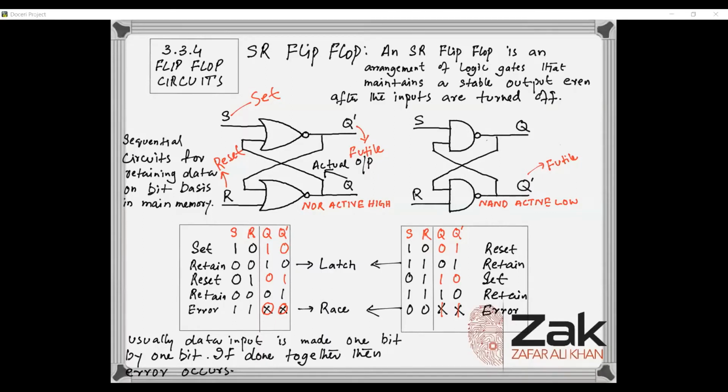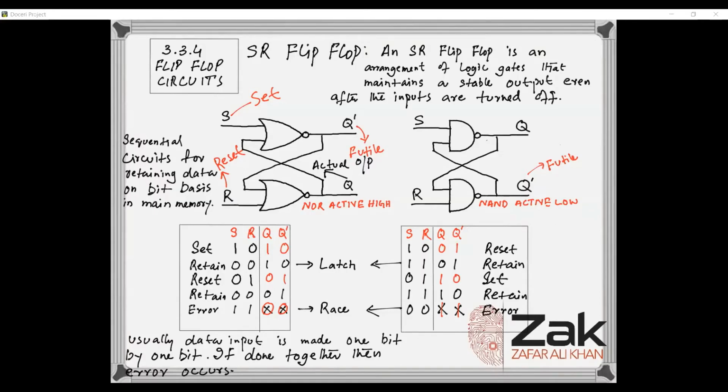All right. So what do we expect now? We expect again 3 things. Number 1, the definition of the SR flip-flop, the drawing of the SR flip-flop circuit, and then the truth table of the flip-flop circuit.